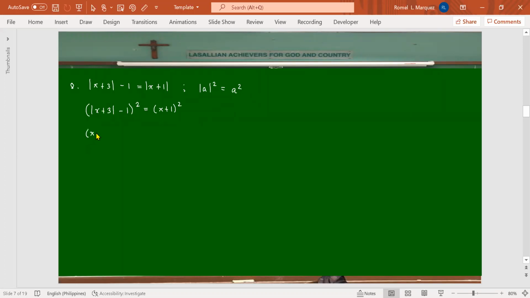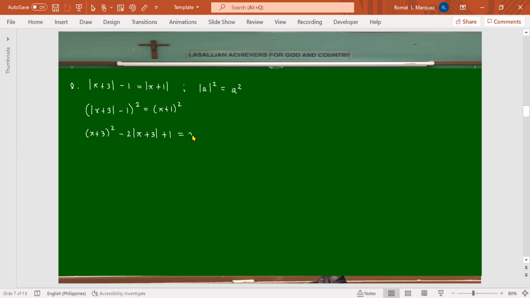Square the first term, no need for absolute value. Minus twice the product of the first term and the second: 1 times absolute value of x plus 3, then times 2, because twice the product. Plus the square of the second.